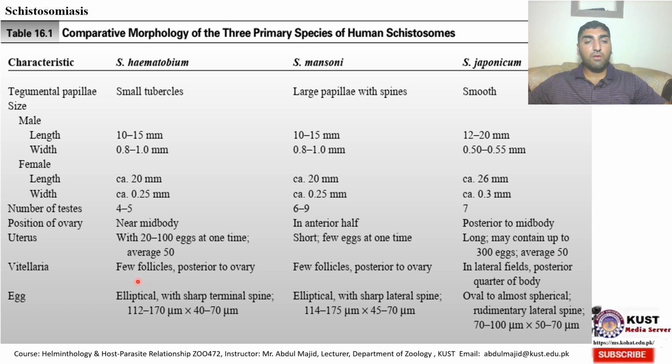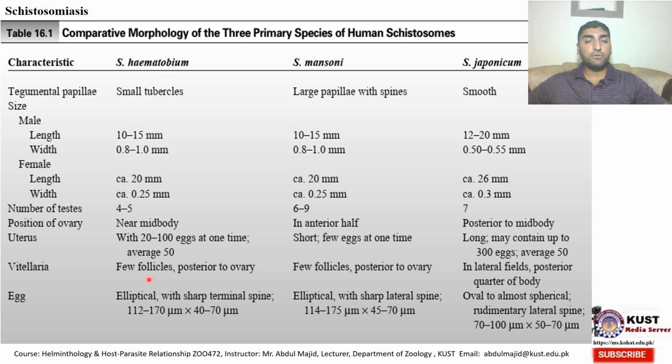Vitellaria: few follicles posterior to the ovary, few follicles posterior to the ovary, and in japonicum in lateral fields, the posterior quarter of the body. Then we talk about the eggs.